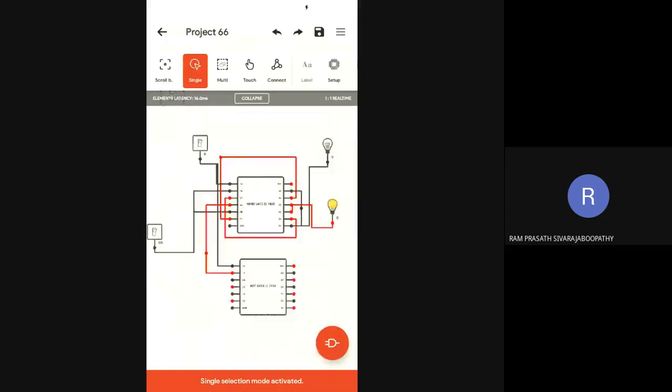Listen carefully: enable the clock, and D 1 gives 1, D 0 gives 0. That's all.